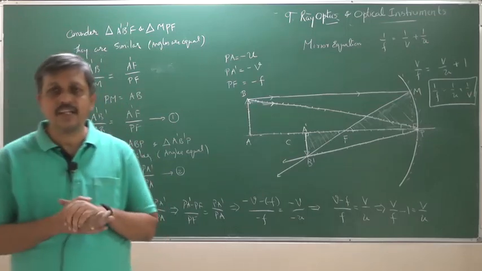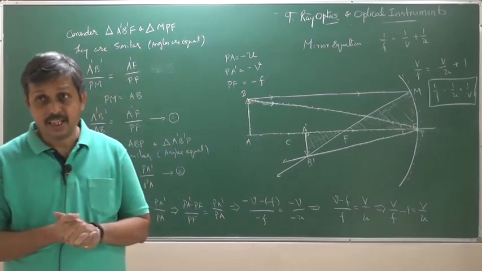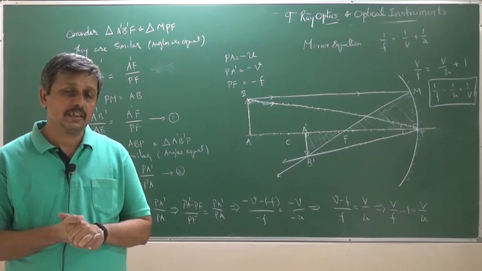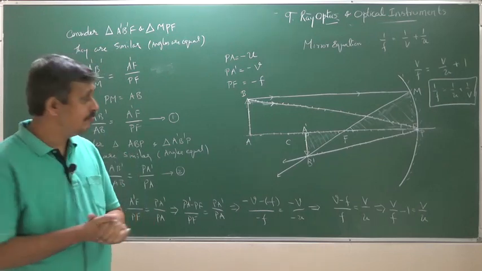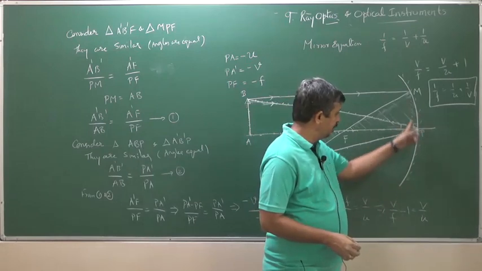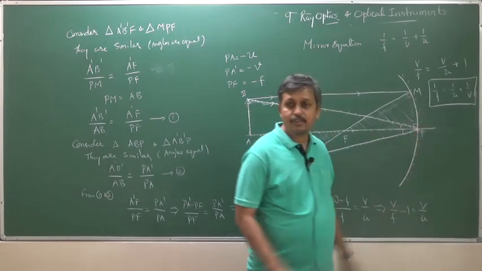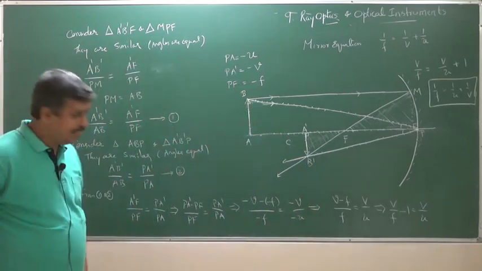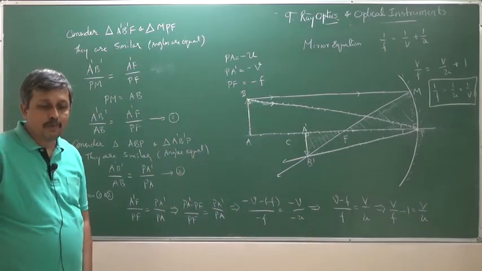Now having derived that mirror equation, you have to understand that this is true only if this is paraxial, in the sense that this is basically same as this. It's not too different. So let's erase this and let's do some problems.